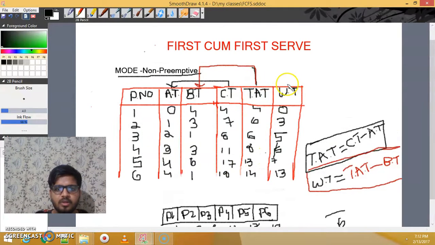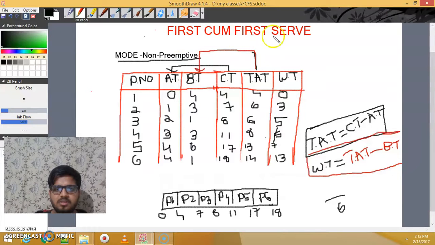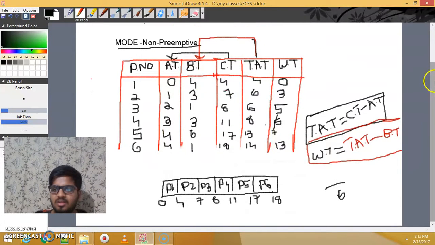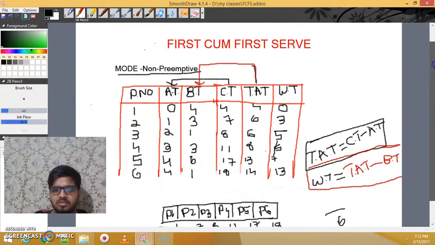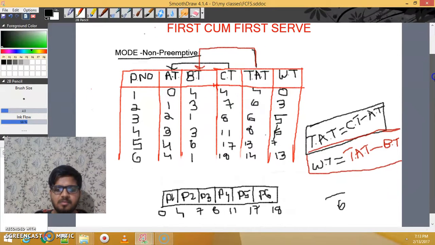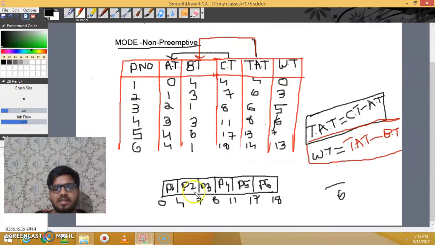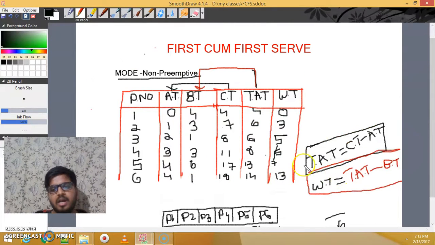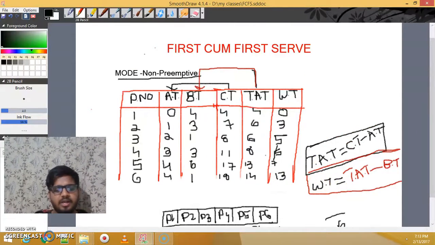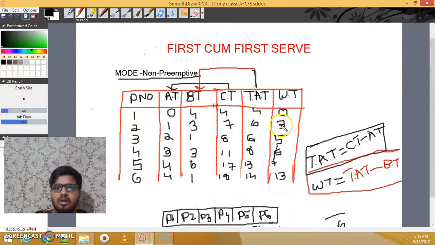There is no possibility to ask questions from first come first serve. But my intention from this lecture is that you understand how to draw the Gantt chart and how to calculate the turnaround time and waiting time, so that you can follow other algorithms also.